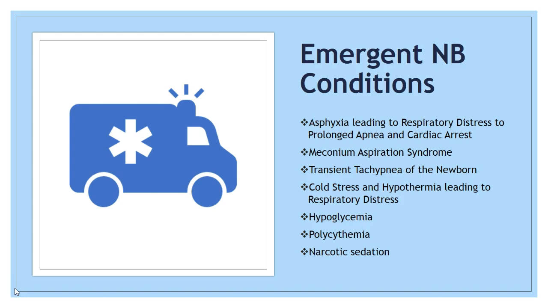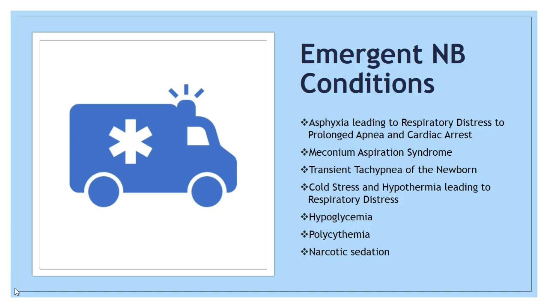For transient tachypnea of the newborn, or TTN, that is just an inadequate clearing of the airways. If the fluid is not reabsorbed during respiratory adaptation, some newborns will start experiencing TTN. It also shows up on the x-ray kind of like pneumonia as well.